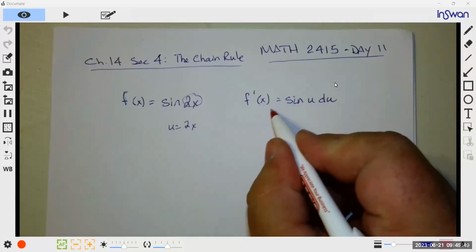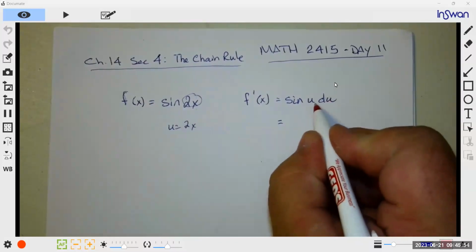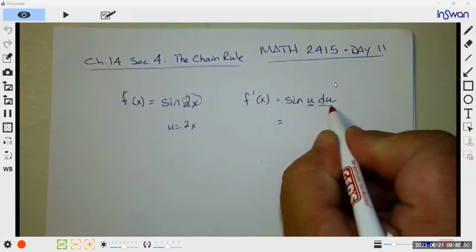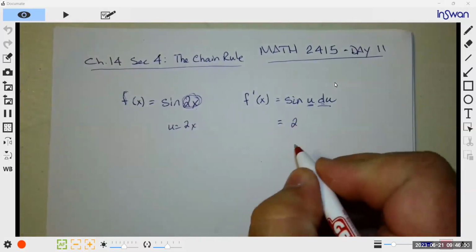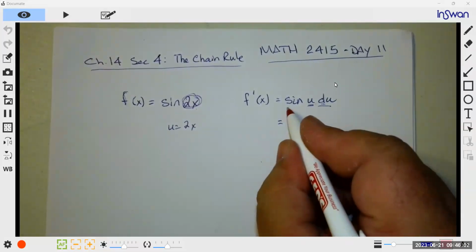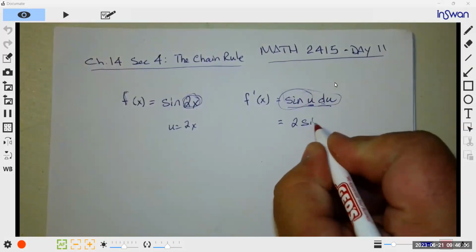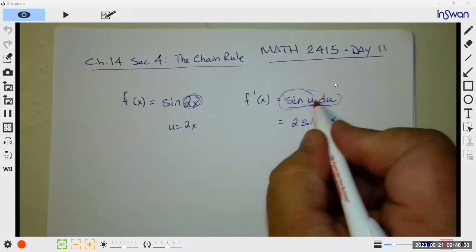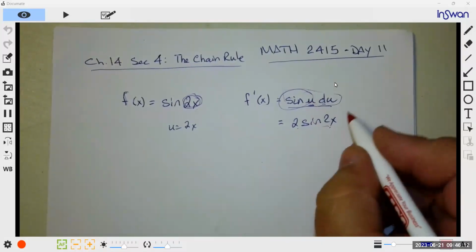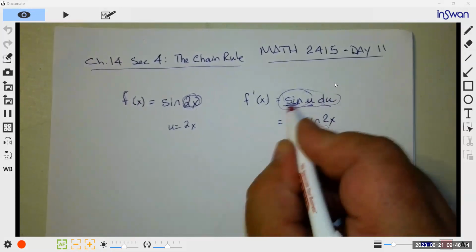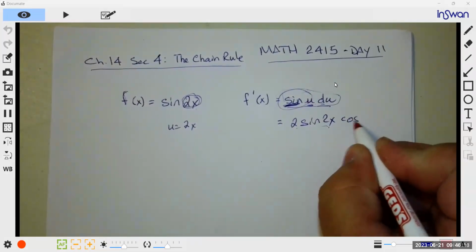So to find the derivative of sine u du, or sine 2x, we first find the derivative of the inside. The derivative of 2x is 2, and then we just write what's on the outside, so it's just sine 2x. Then the derivative of sine is cosine.